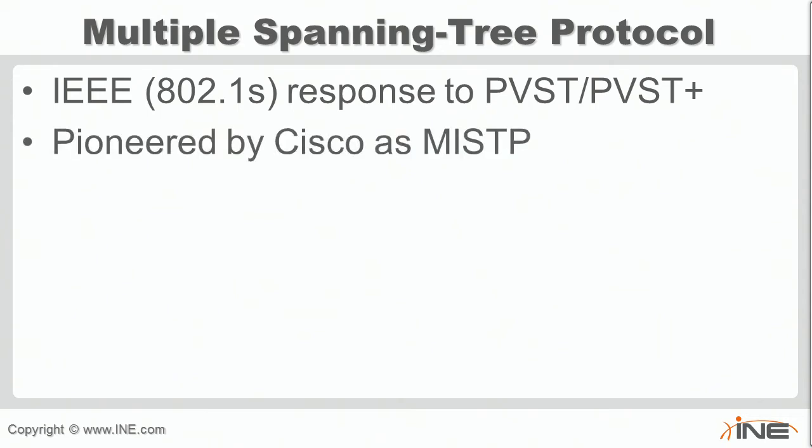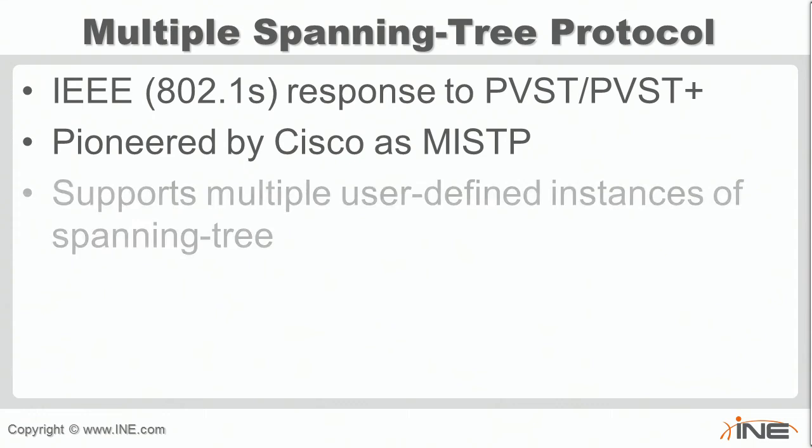Originally Cisco came up with this as multiple instance spanning tree protocol, where the idea is that instead of having one instance of spanning tree for every single VLAN, we can just specify how many we want. So if I have 1,000 VLANs, instead of running 1,000 instances, I could say maybe I only want 10 instances where I group each of the instances together with 100 VLANs. So you look for cases in the network where VLANs follow the same physical forwarding path, then you group them into the same calculation.